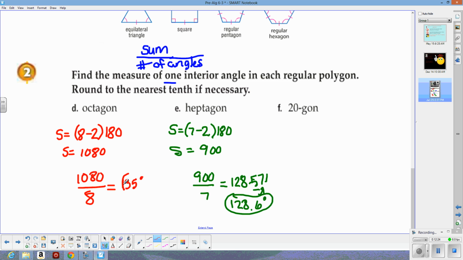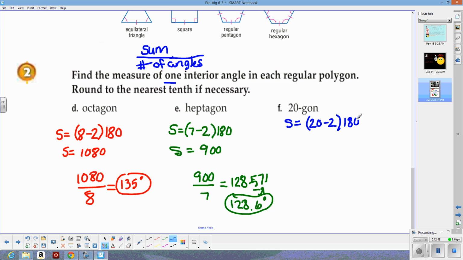And the last one is a 20-gon. So for a 20-gon, we're going to find the sum by doing the number of sides, which is 20 minus 2 times 180.